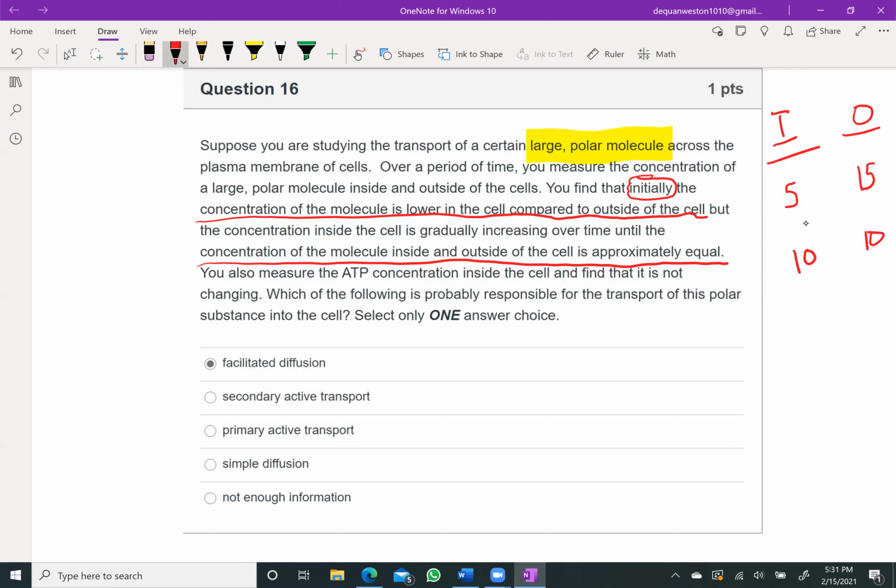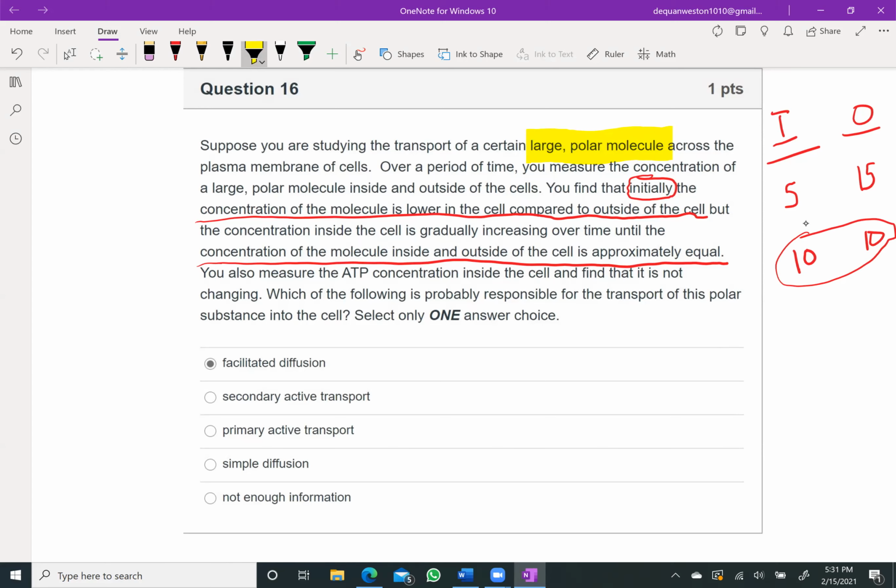So because these are equal, it reached equilibrium and it stayed at equilibrium. One thing we know is that this isn't a pump that's involved. Because if it was a pump, it would basically push things against their concentration gradient, which isn't happening here.